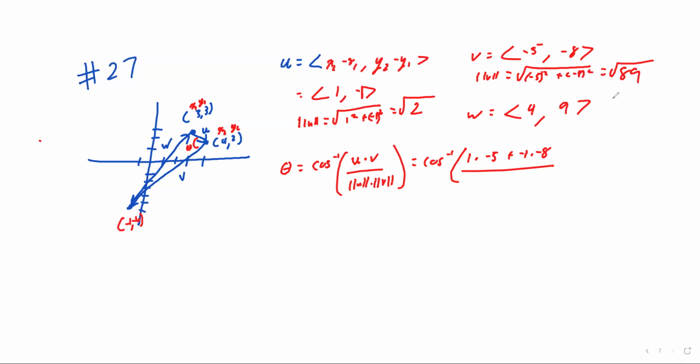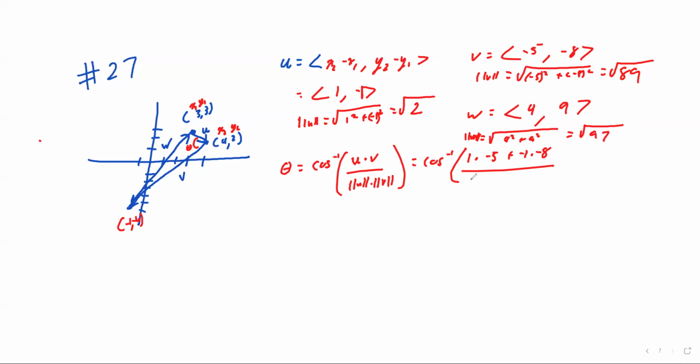Yeah, I leave it like that. Again, it's not going to matter at the end. This one then would be the square root of 4 squared plus 9 squared. So that would be 16 plus 81. So that would give you 97.